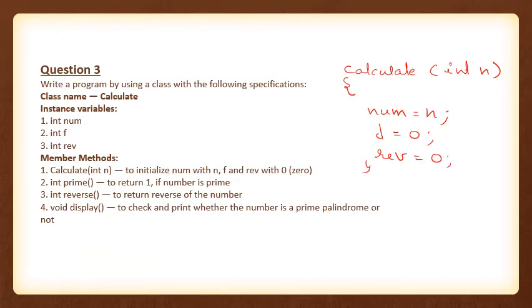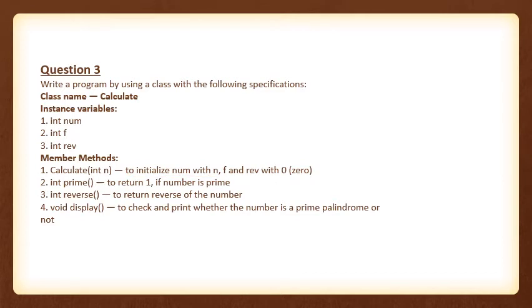According to the definition given for the constructor, don't apply extra thinking. If it is not specified, or if it says initialize all data members, then initialize all data members. Next function you define is int prime.